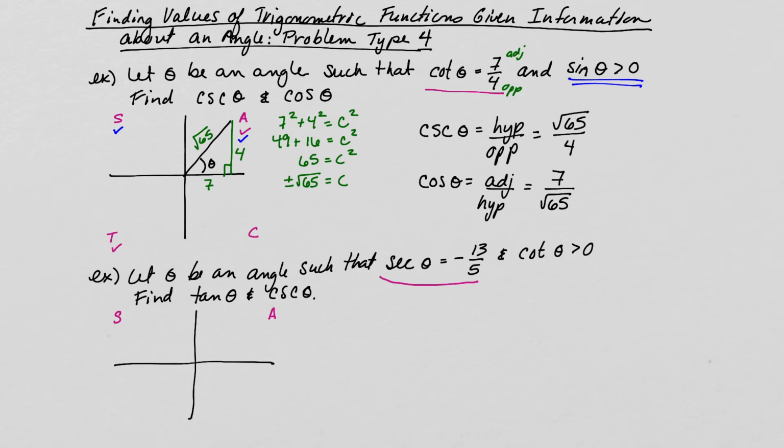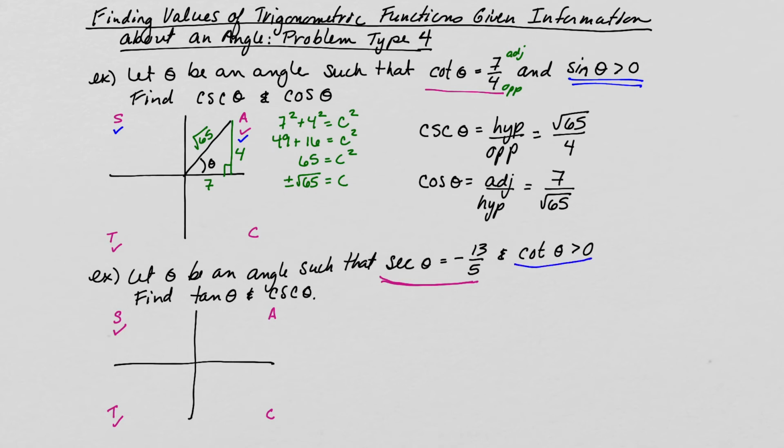So the secant would be negative in this quadrant. In the third quadrant, all students take, that means tangent and cotangent are positive there, so the secant would be negative in this quadrant. And then calculus is cosine and secant being positive. So it's just quadrants 2 and 3 from the secant part.